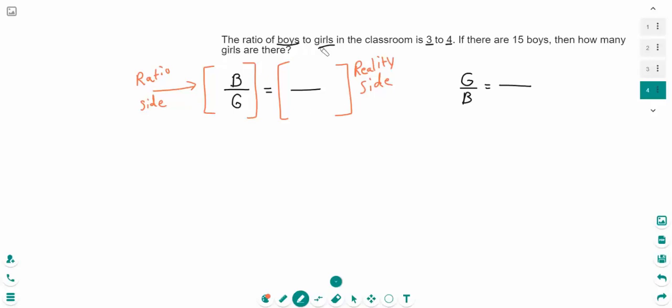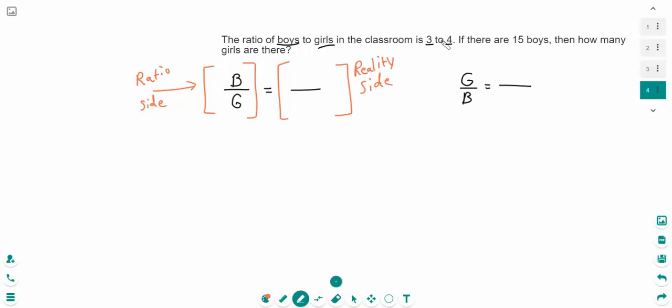It's what we're looking at up here: the ratio of boys to girls in the classroom is 3 to 4. Well, that's the ratio. That's not telling us how many there are in the classroom. It's just telling us that if we take 3 boys and pull them out of the group, we can also find 4 girls to match those 3 boys. Then we could pull out another 3 boys and find another 4 girls, and we just keep on going.